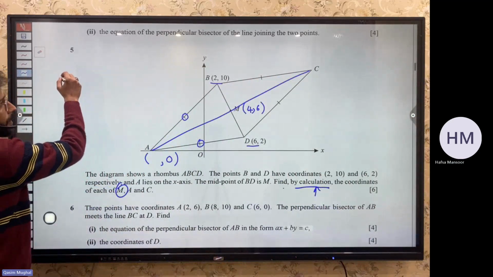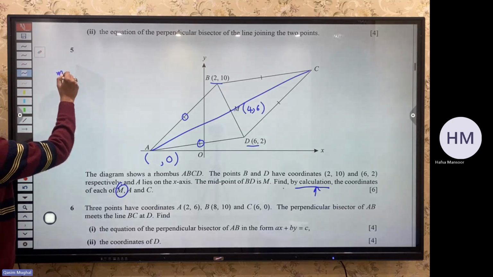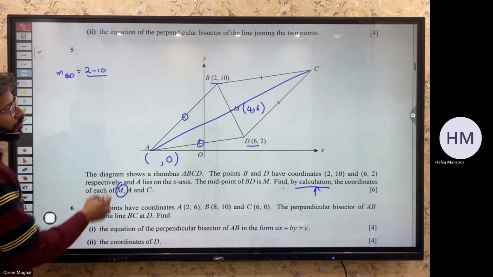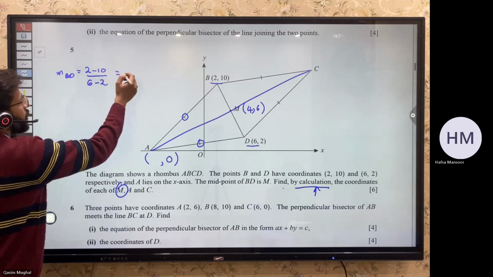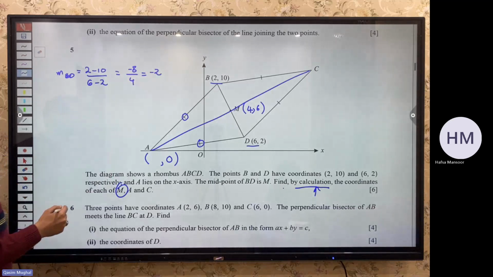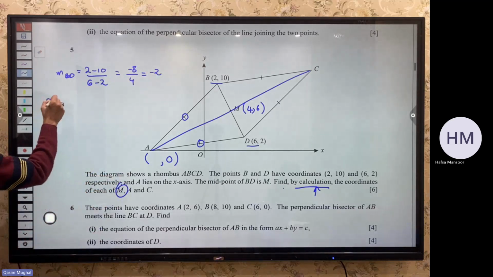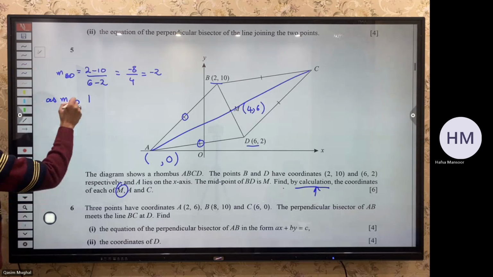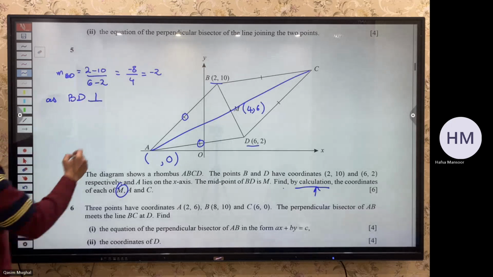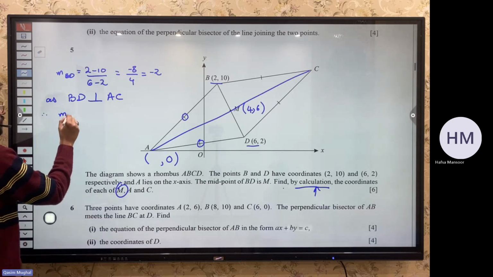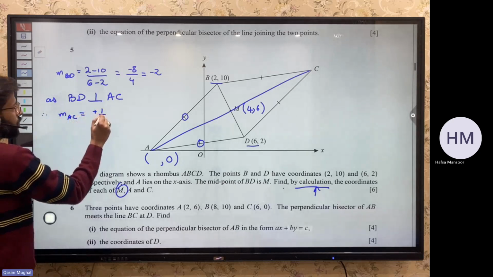Perpendicular bisector के लिए gradient पहले निकाल देते हैं। So m of BD, that will be equals to 2 minus 10 over 6 minus 2, negative 8 over 4, which is negative 2। यहाँ पे अब आपने मेंशन करना होगा, बताना होगा, क्योंकि इसमें नहीं लिखा हुआ। As BD is perpendicular to AC, therefore m of AC will be equals to plus 1 over 2.